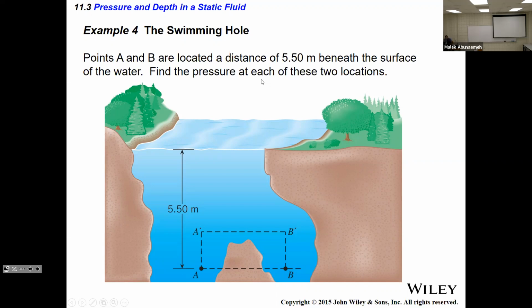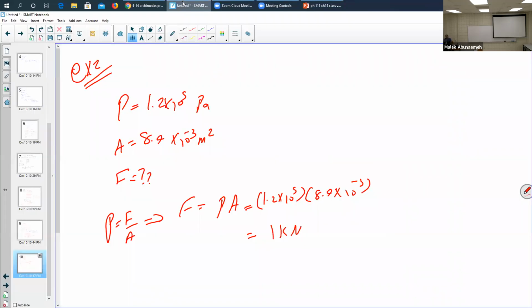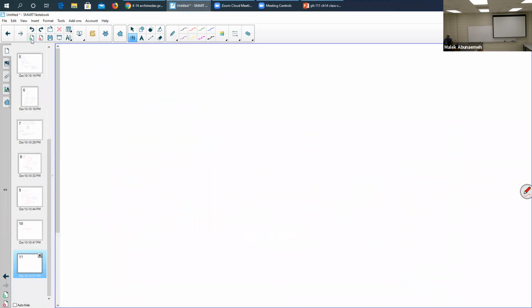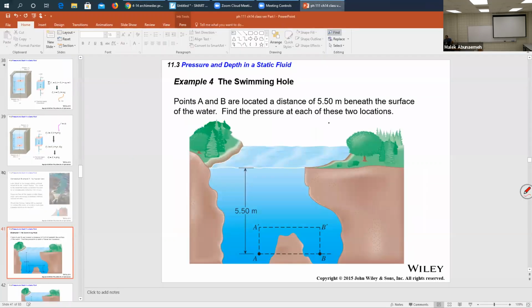This is example 4. Your height is 5.5 meters, and we want to find the pressure here.